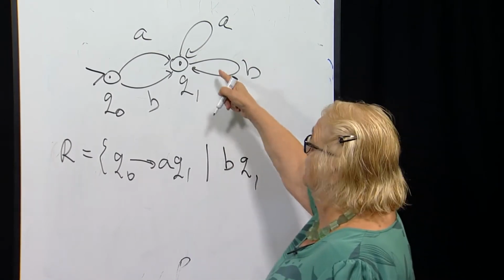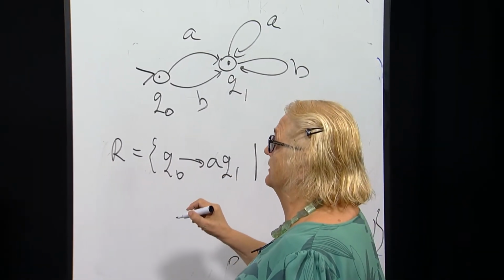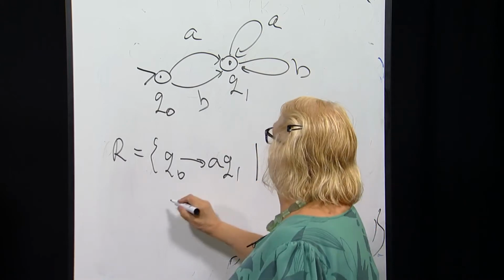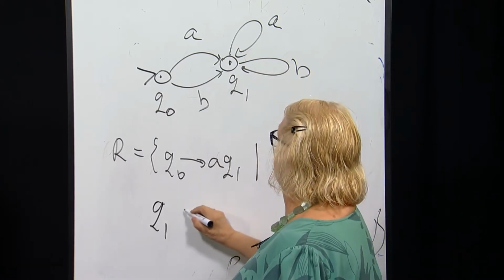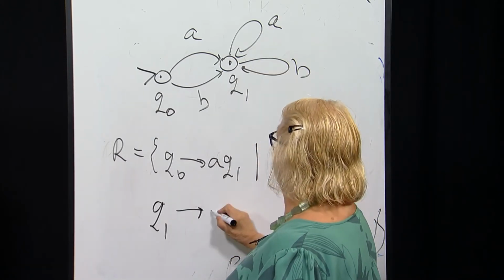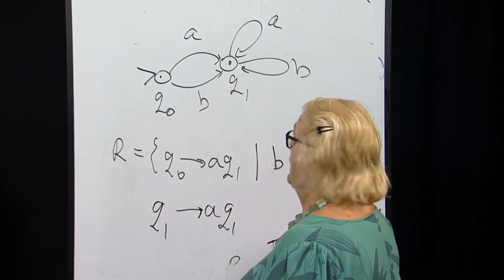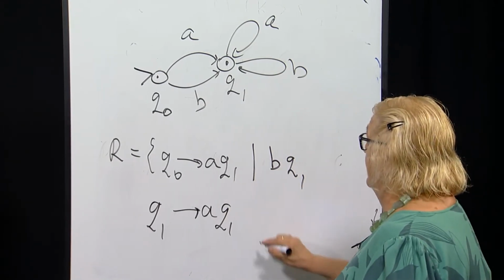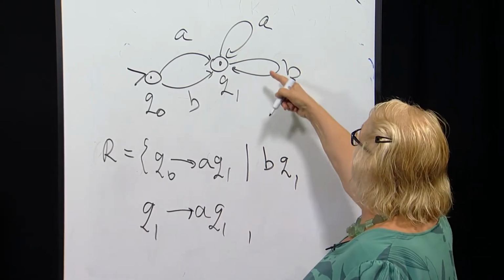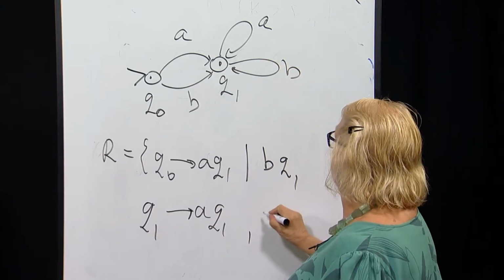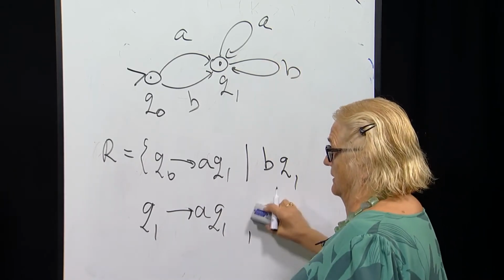Now, here, when you are in the state Q1, you read A, you go to Q1, and in state Q1, I can write it like this.